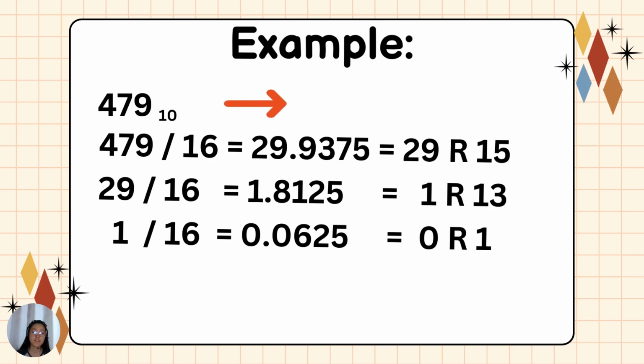And again, to find the exact remainder, we will multiply 0.9375 by 16.